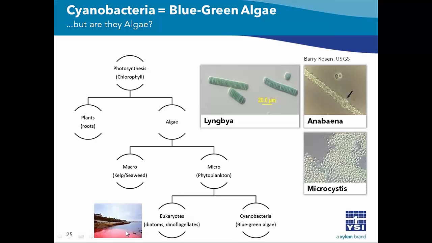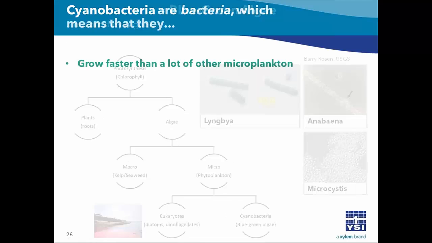The things associated with red tides are typically, for example, diatoms and dinoflagellates, but we're talking more today about cyanobacteria or the blue-green algae. The point I want to make here is these organisms, some of which I'm showing here and that I've already mentioned, are actually bacteria, which are very different in their behaviors from eukaryotic algae and from all of these other photosynthetic organisms.